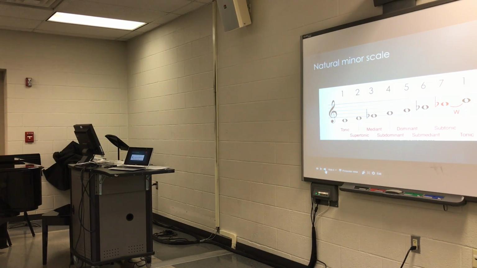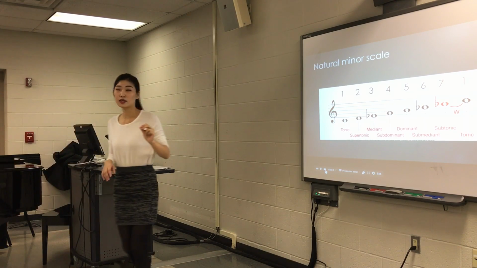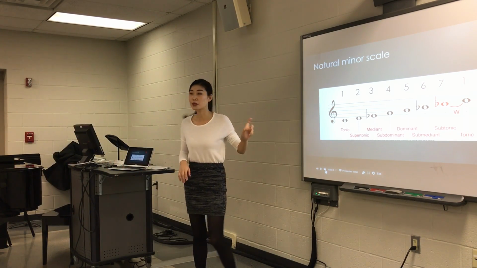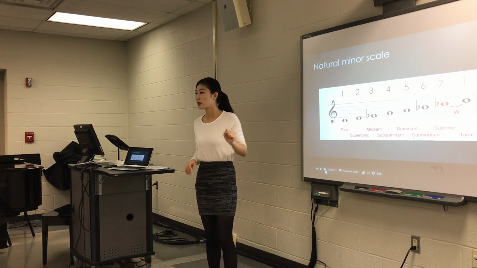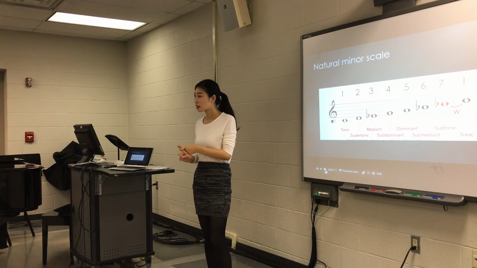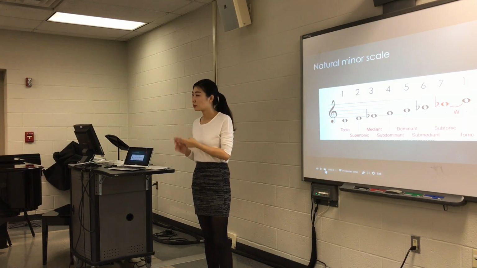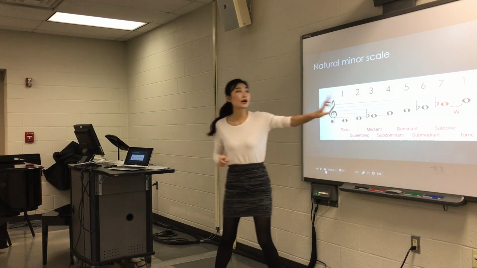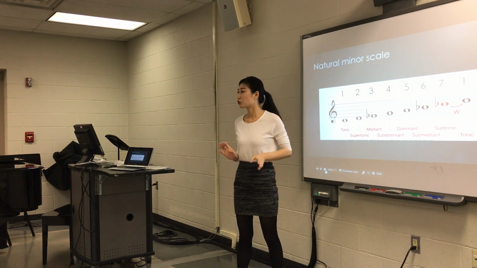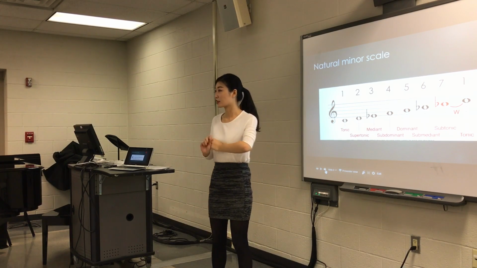And sub, what's the meaning of sub again? Very good. So now it's called subtonic, under tonic. So only remember that the seventh is called subtonic only in the natural minor scale because it's a whole step. But in major scales, melodic minor scales, and harmonic minor scales, the seventh note is called leading tone. Why? Because it's a half step.